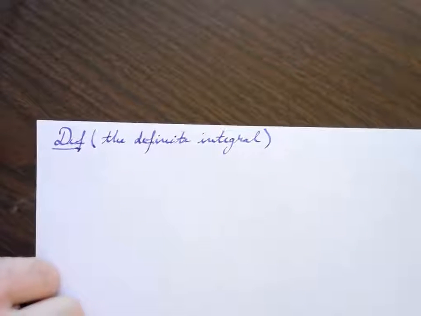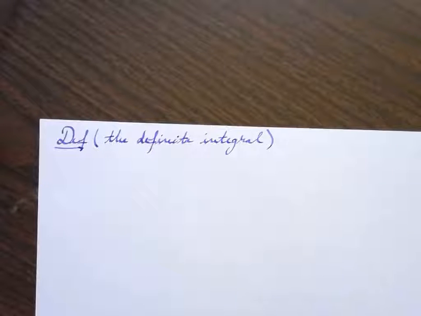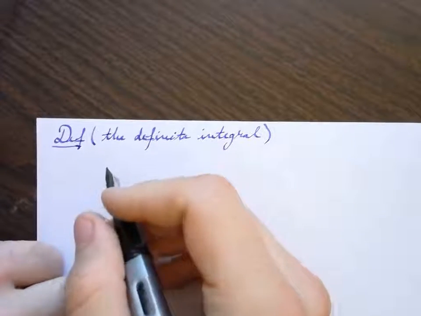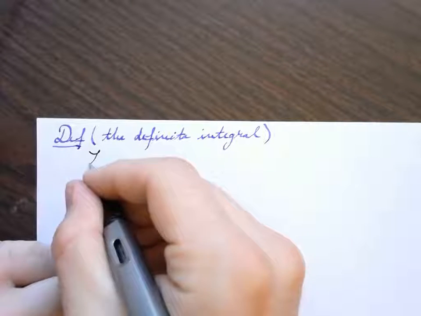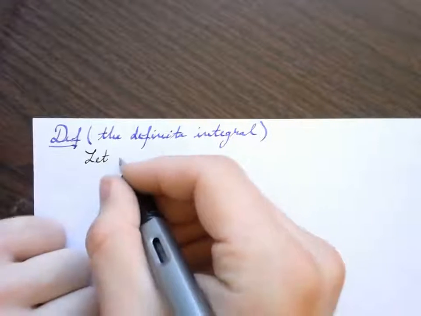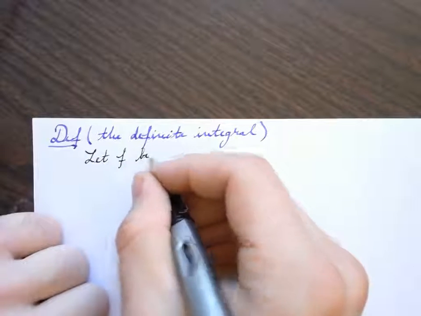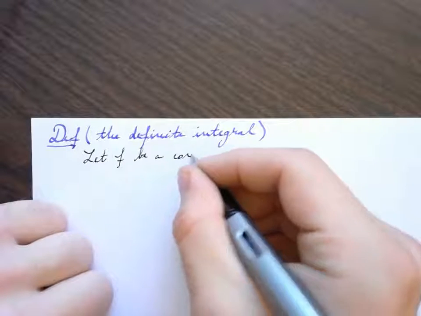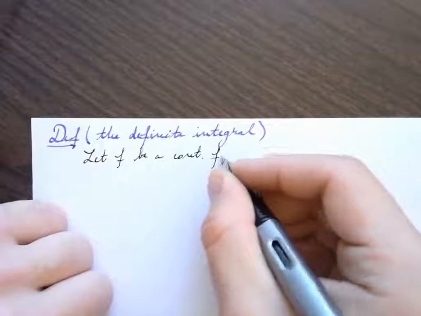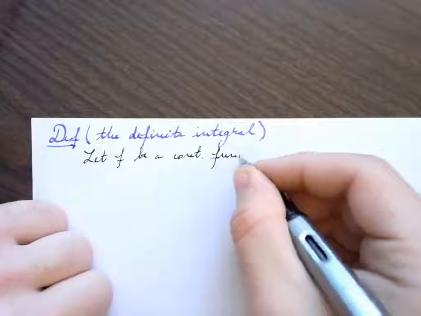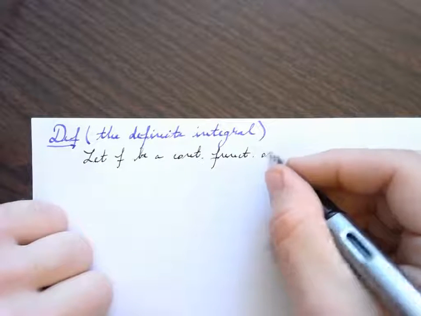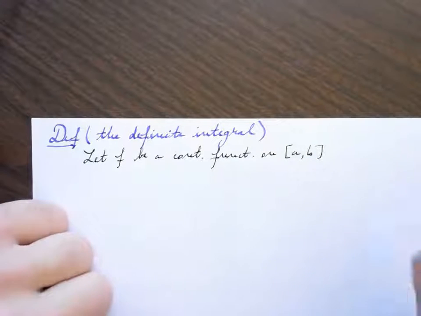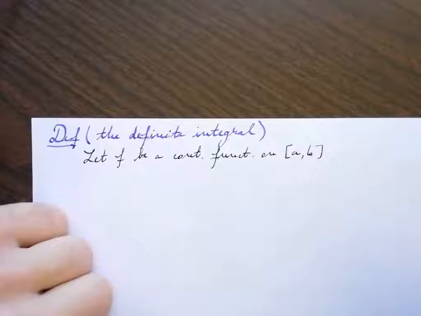Again, we have a continuous function on some interval. So let f be a continuous function on the interval from a to b.